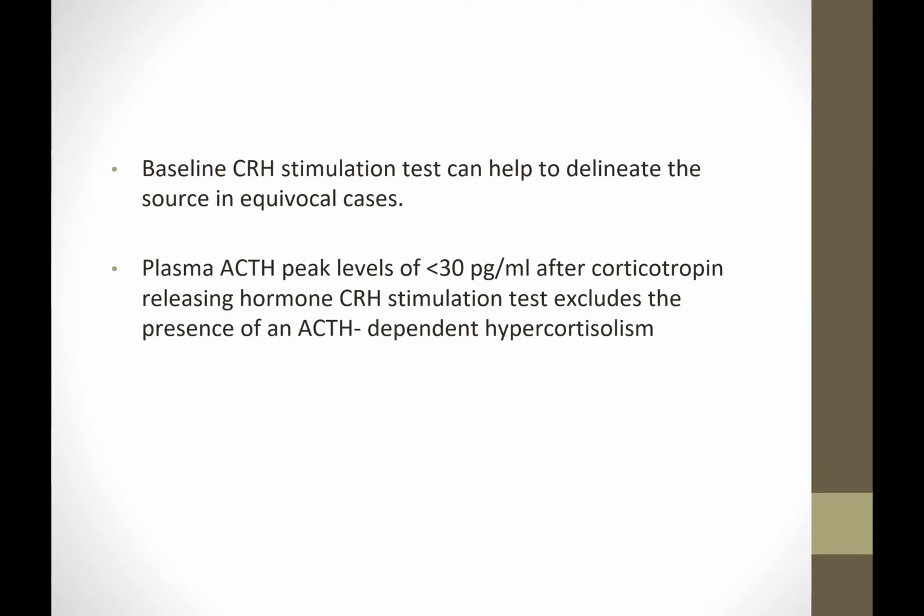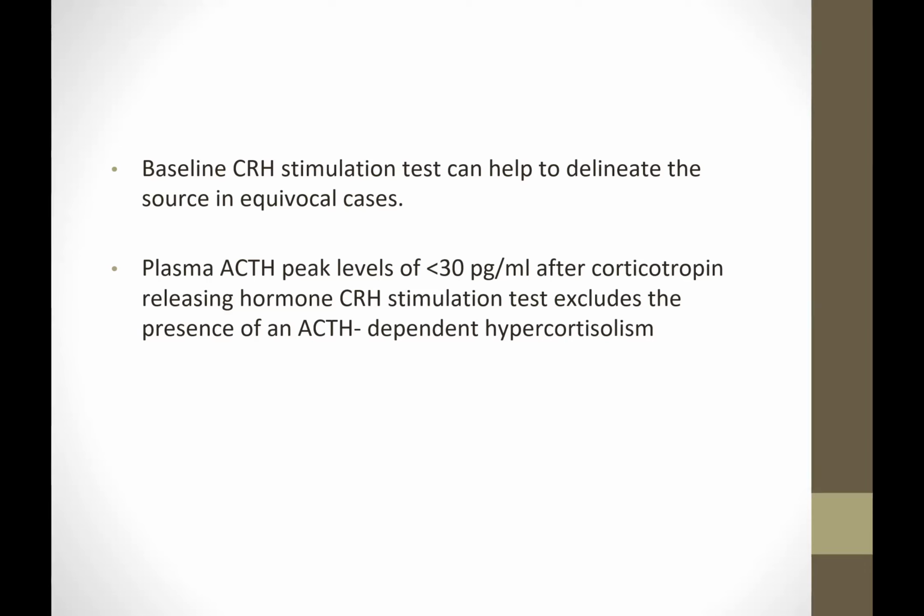If it is ACTH dependent hypercorticism, my CRH will act further on the pituitary, which is already hypersecreting, and the value will be more than 30 picograms. This is to differentiate in equivocal cases. If basal itself is more than 50, you don't require a CRH stimulation test.